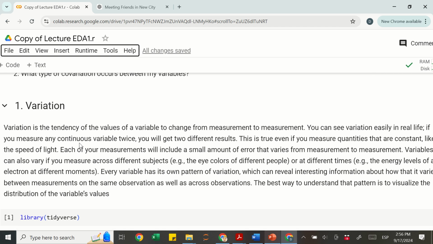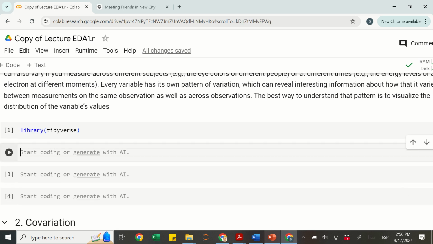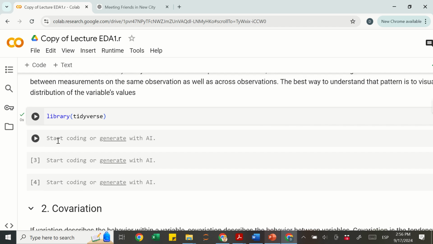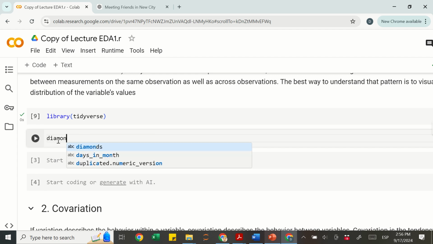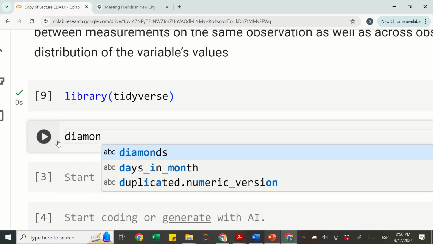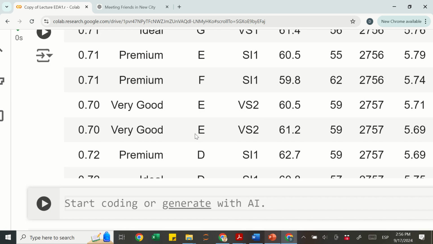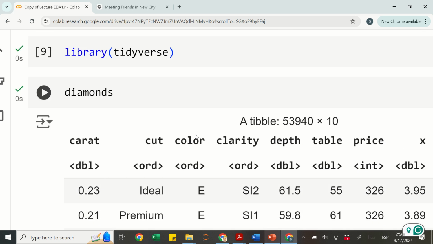So let's get started analyzing variation in one data set. For that purpose, I'm gonna first load the tidyverse. Then let's use one data set from the tidyverse. I don't recall which package specifically. The name is diamonds. Let's check the variables.